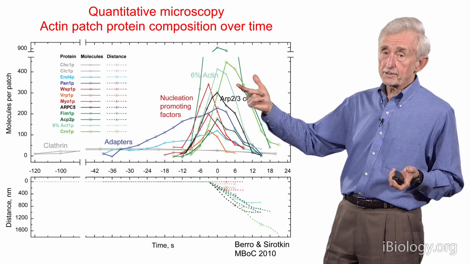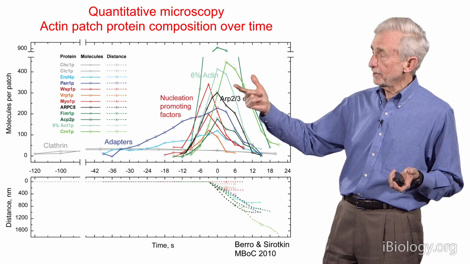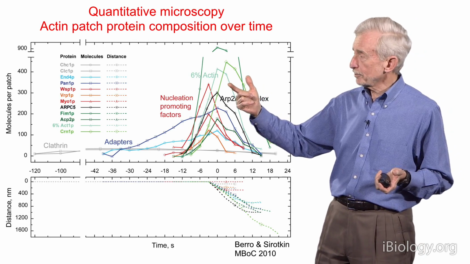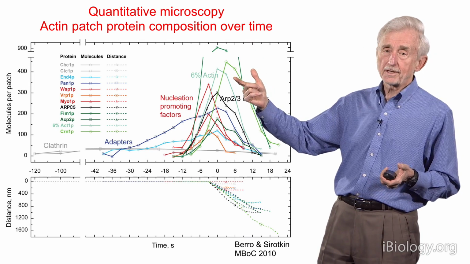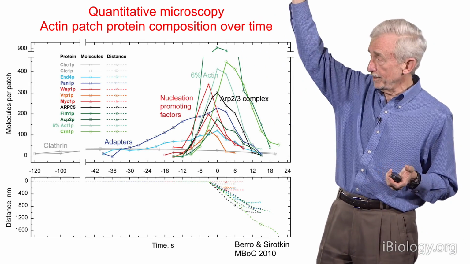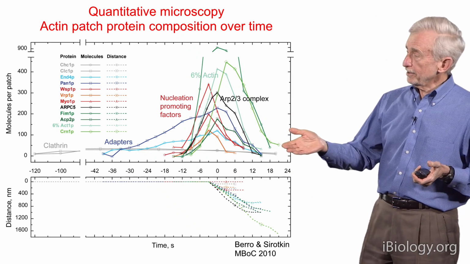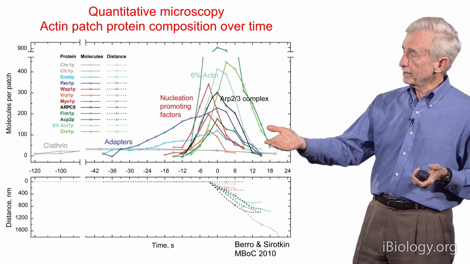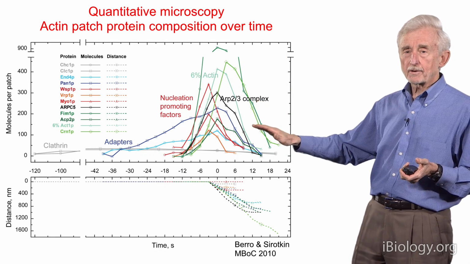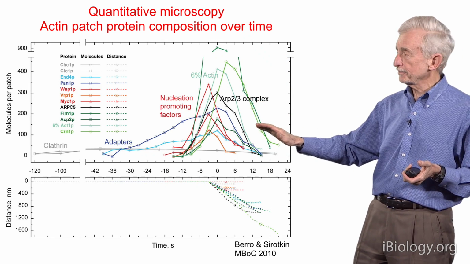Now, only 5% of the actin is labeled, or 6% in this experiment, so the real actin peak is about 20 times higher than this, way up above the screen. So what this shows is that each one of these proteins shows up and disappears over a very predictable time course.